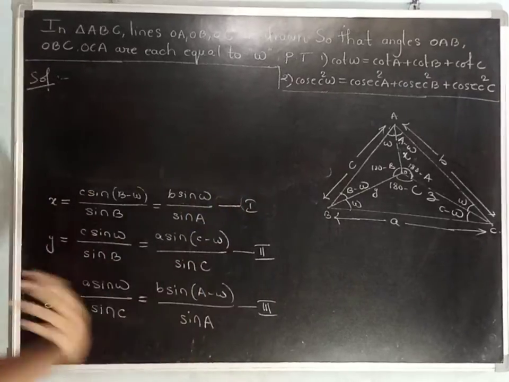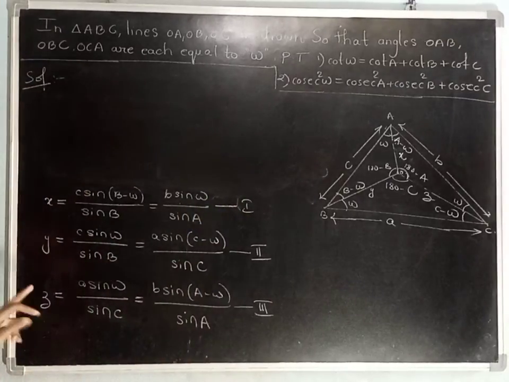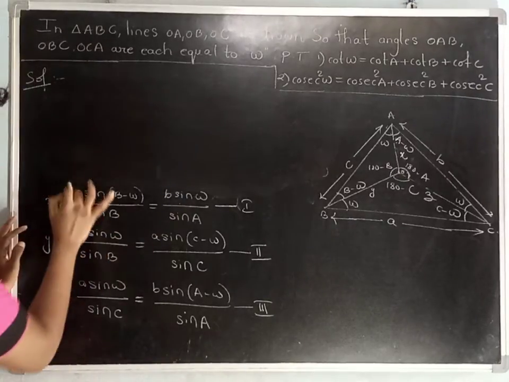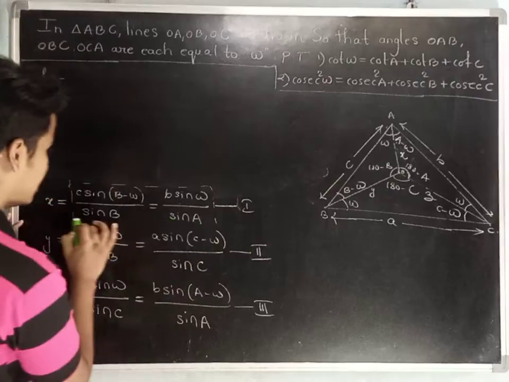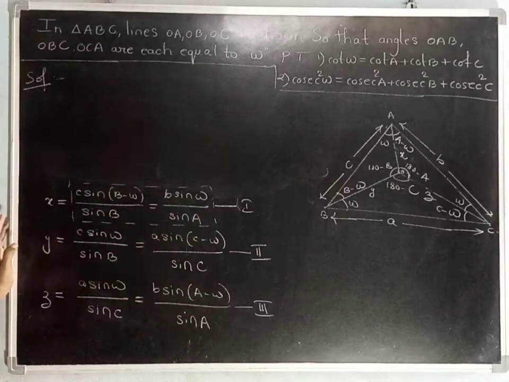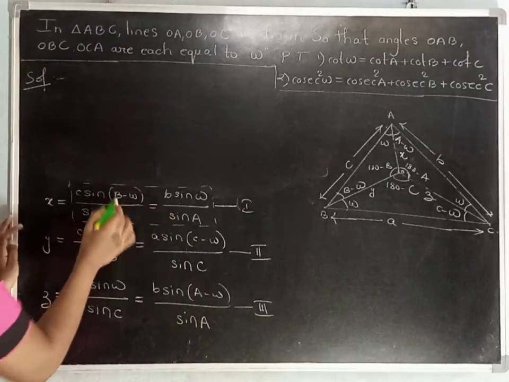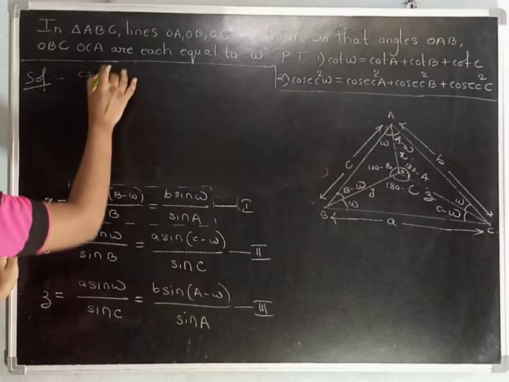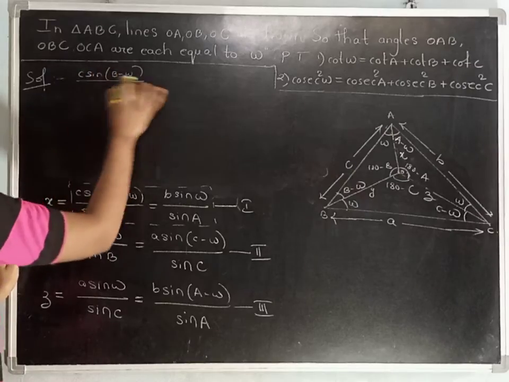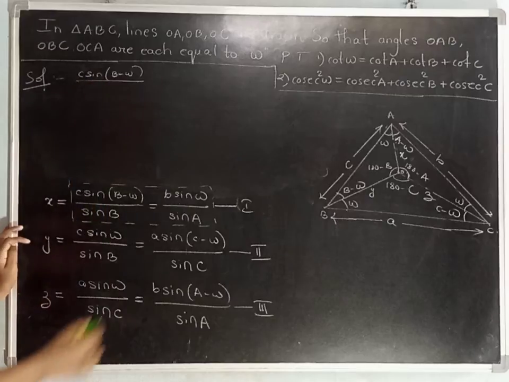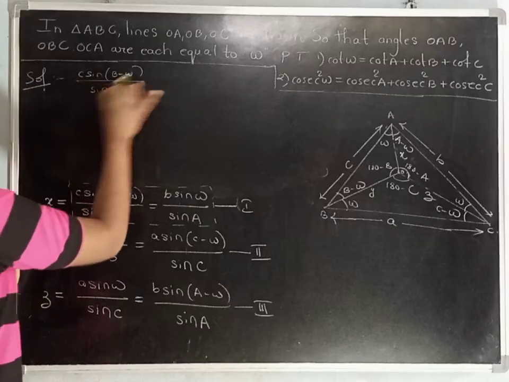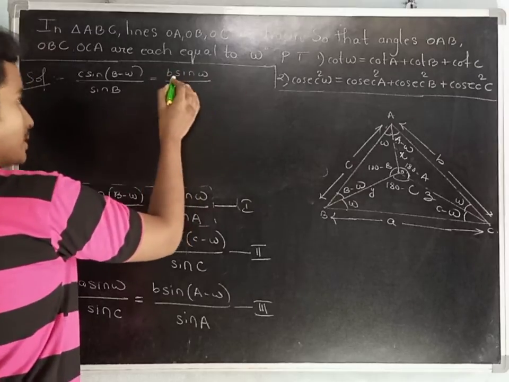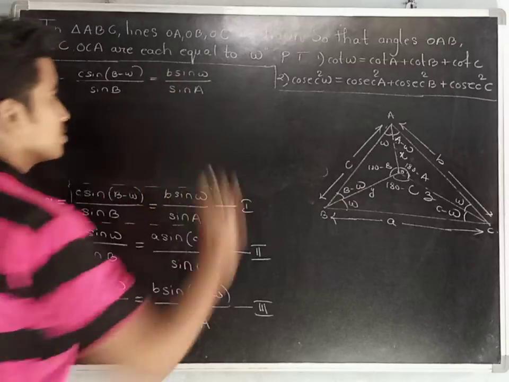So this is what we have got, these three results for x, y and z. Okay. Now let me simplify this equality. C sin (B minus omega) by sin B is equal to B sin omega by sin A.